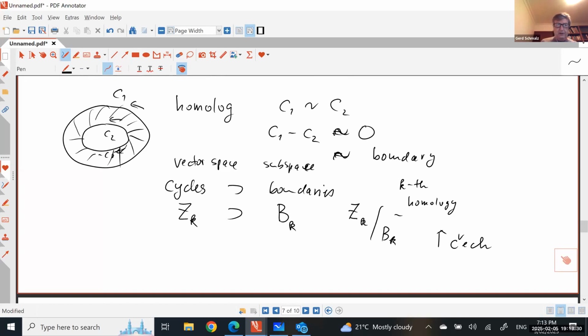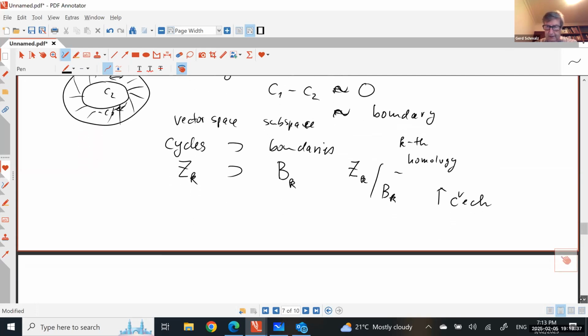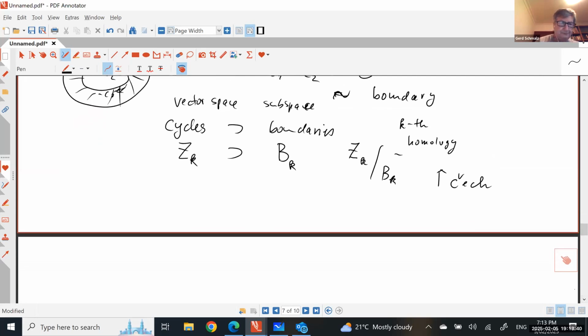And it looks like these are connected with each other, and there is in fact some connection through integration. So if I integrate over a cycle, what would be a good name for a cycle? I have already used C for the chains.